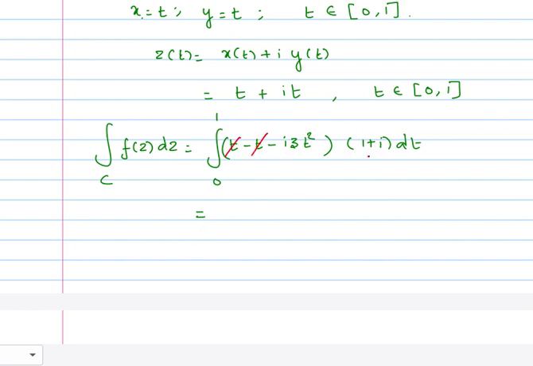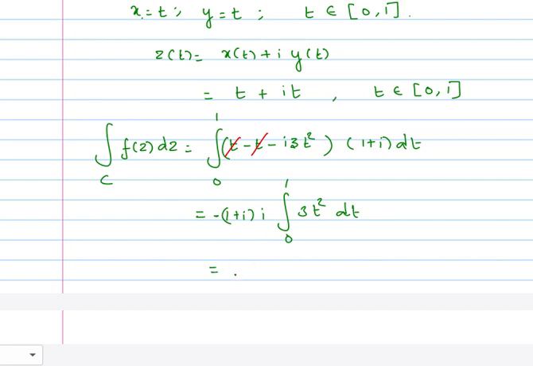So 1 plus i is a constant, so I take 1 plus i outside. Minus i I also take outside. So the integral from 0 to 1 of 3t squared dt: if you integrate, t cubed will come.